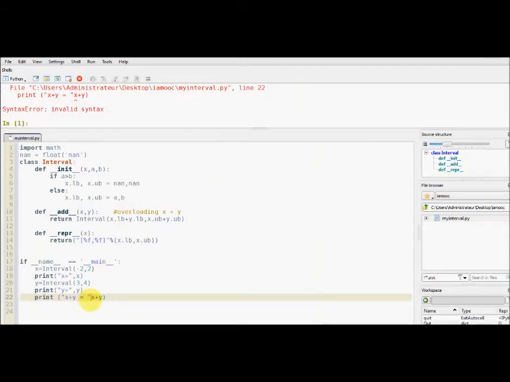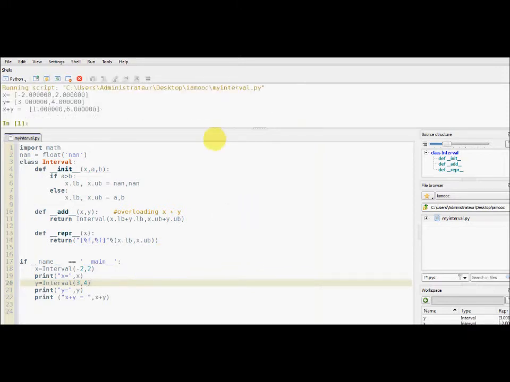Excuse me, a comma. So x, y, and since I have overloaded the plus, I can do x plus y like this, and Python understands. So I have programmed the plus.